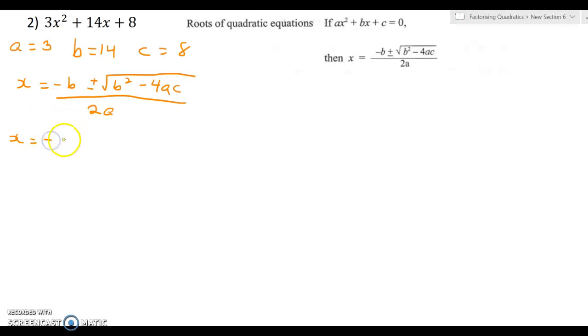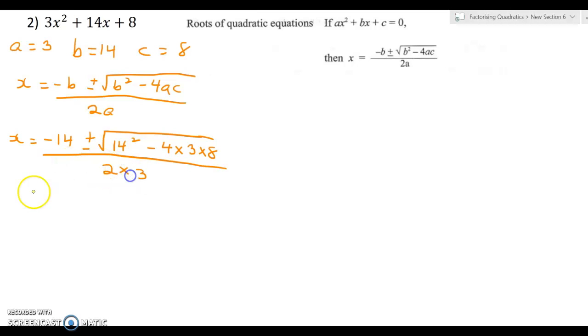So minus b, which will be minus 14, plus or minus the square root of b squared, so that's 14 squared, minus 4 times a, which is 3, times 8, all over 2a, so that's 2 times 3.